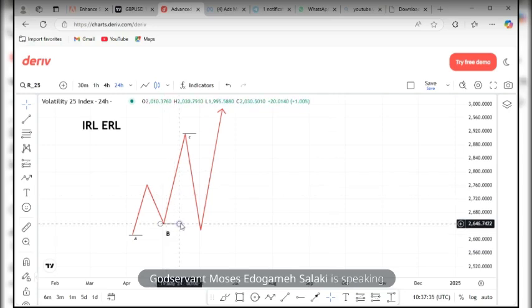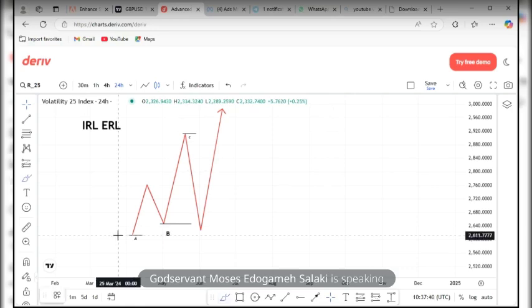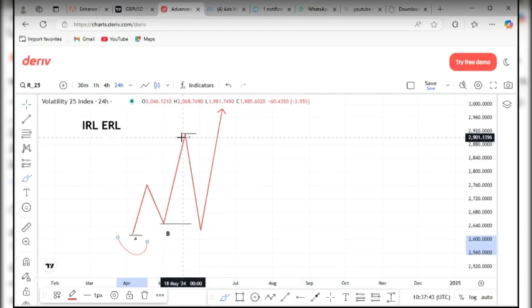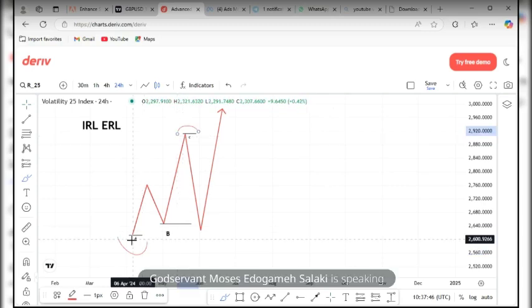Price is a complete range. If you watch my previous videos, you will find that this is a complete range. Price comes at the first move, price creates an inducement, price moves higher, and then price comes back. So in internal and external range liquidity, this is your internal range liquidity.